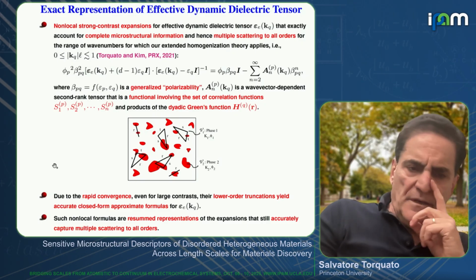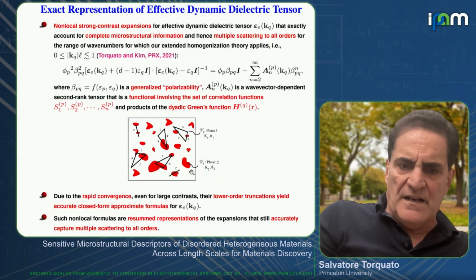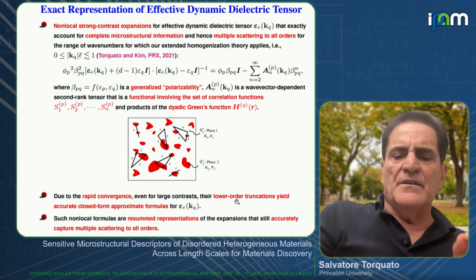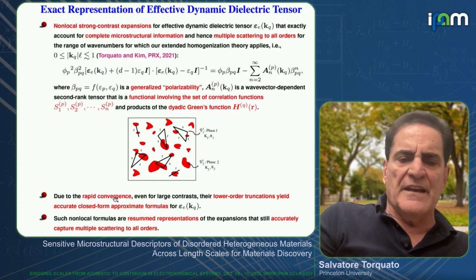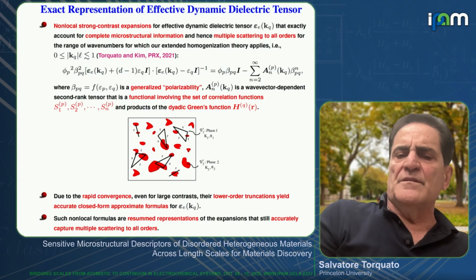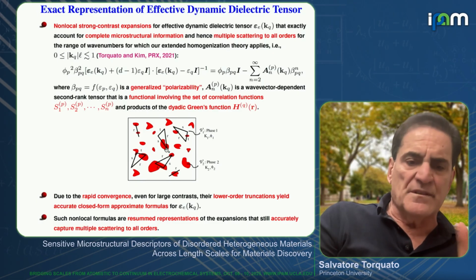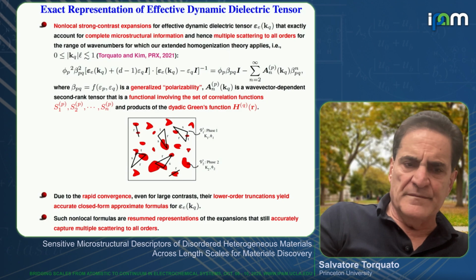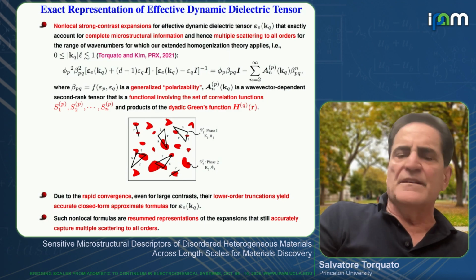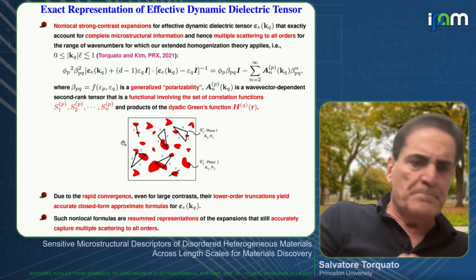It turns out, because of the rapid convergence of this series, even for large contrast, lower-order truncations yield accurate closed-form approximate formulas. And you can show that these truncations actually expand about optimal structures, which I can't explain. Those of you who might know about Hashin-Strikman structures, that might ring a bell.